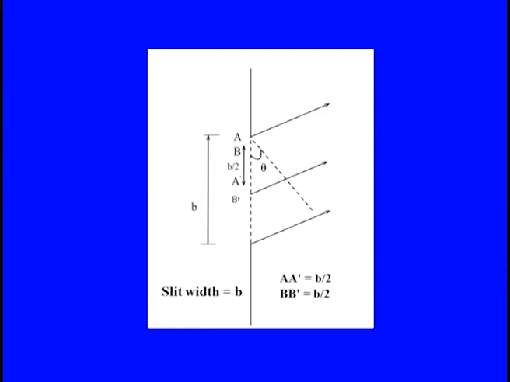In a similar manner, when b sin theta is equal to 2 lambda, we divide the slit into 4 parts, the first and the second quarter cancelling each other and the third and fourth quarter cancelling each other. Similarly, when m is equal to 3, the slit is divided into 6 equal parts and so on.